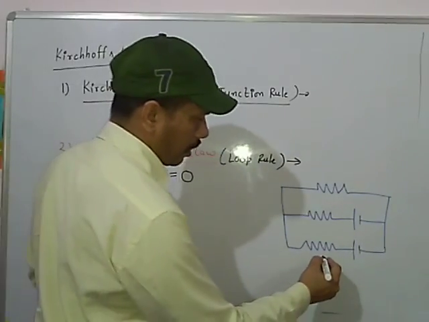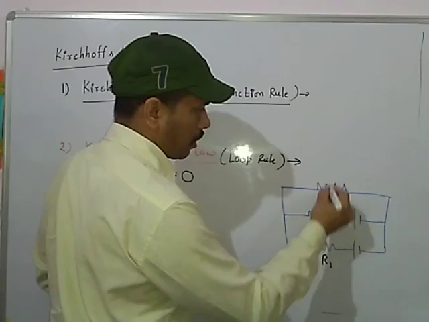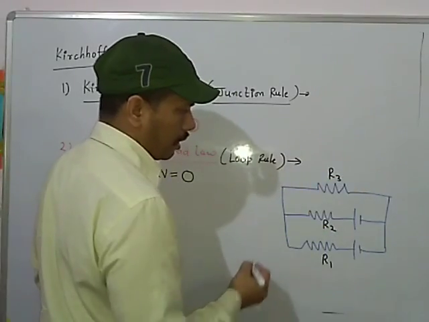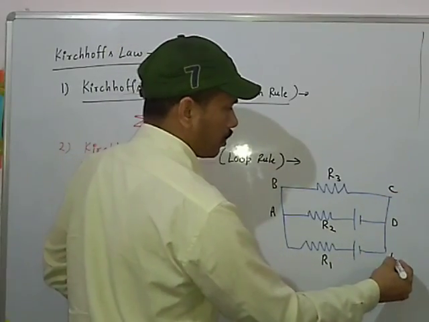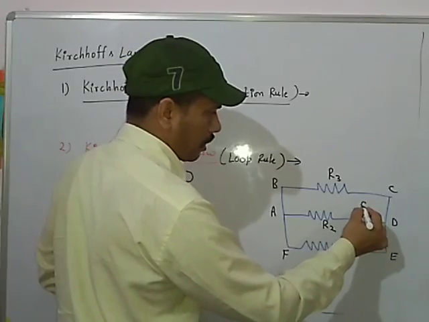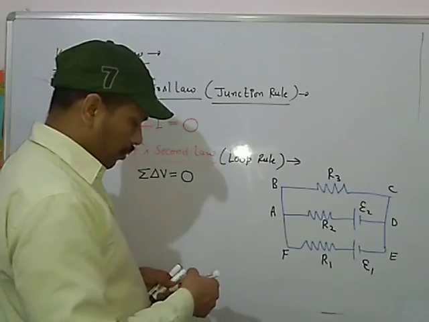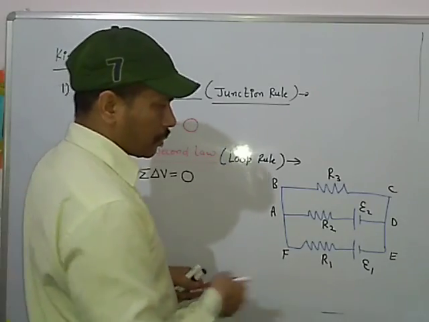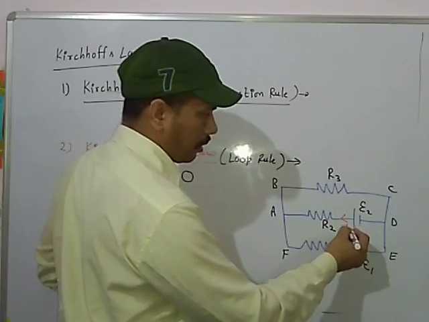Suppose R1 be the resistance, this one is R2, this one is R3. Suppose this is the A, B, C, D loop, this one is the E, F loop, and the EMF of this cell is E2, the EMF of this one is E1. So the current flowing through these two cells may be I1, here I2.